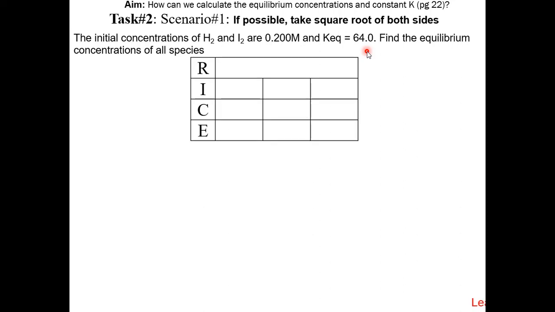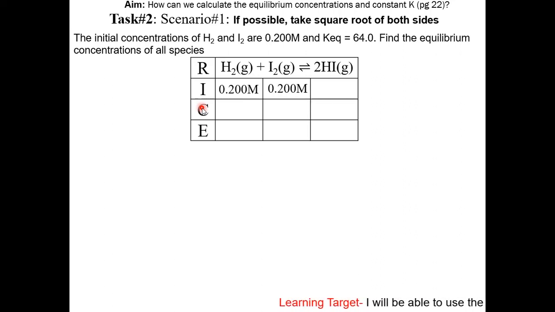So here's the chemical equation: H2 plus I2 gives us 2HI. In the beginning, we're given the initial concentration of the reactants H2 and I2 of 0.2. Notice we are not given the concentration of HI, therefore it is 0. This is the initial concentration. Notice there are no products.